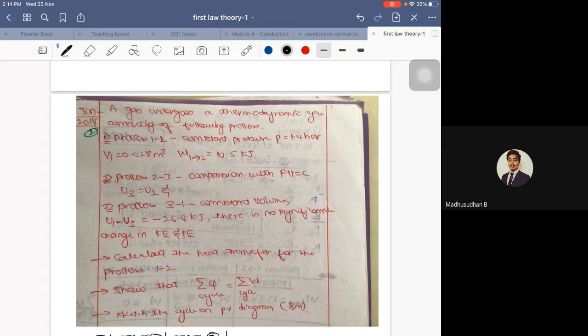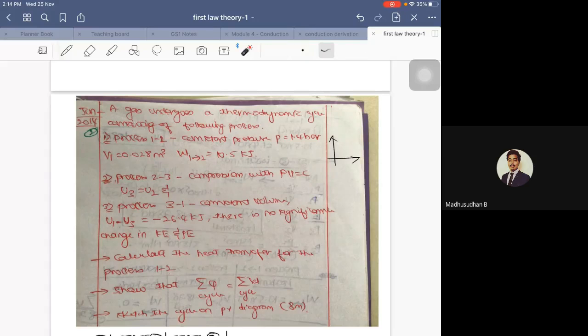So he is insisting that there are three different processes in this particular problem. According to you, Aditya, process 1 to 2 is which process? Anyone can answer this.